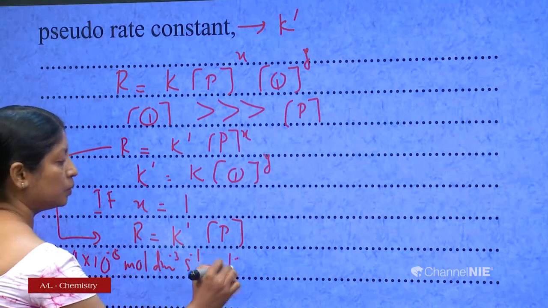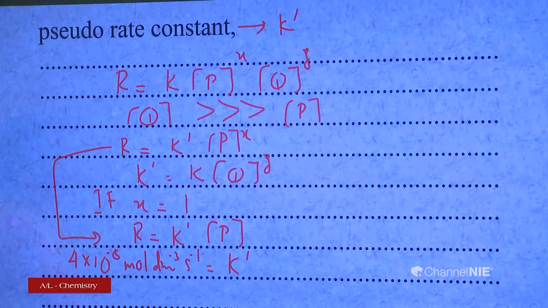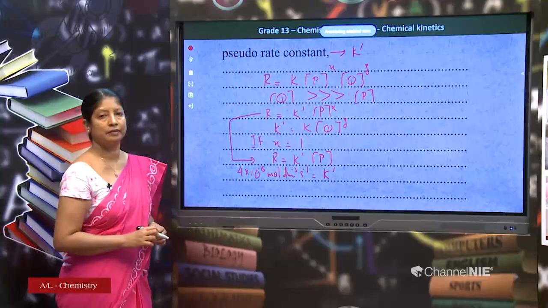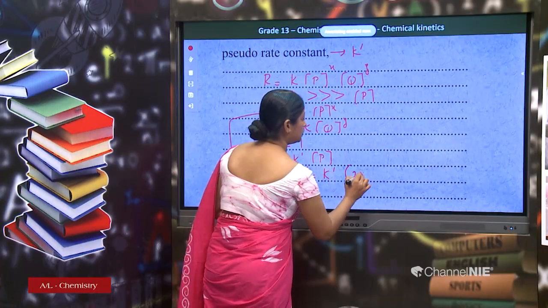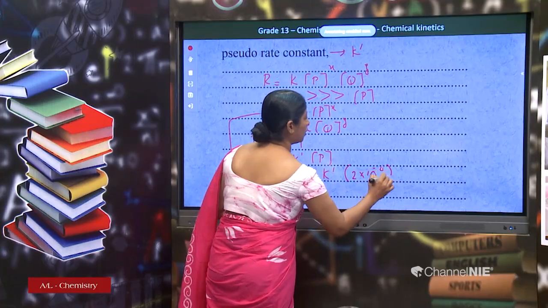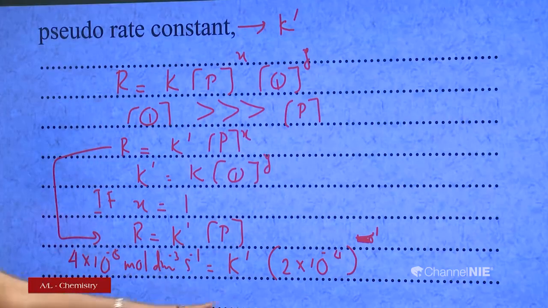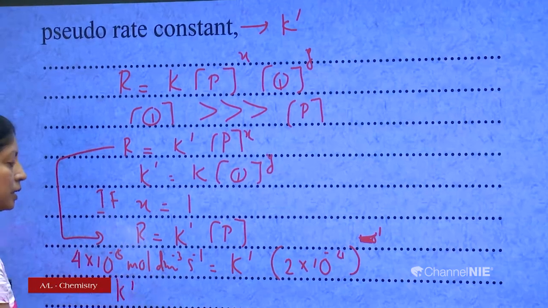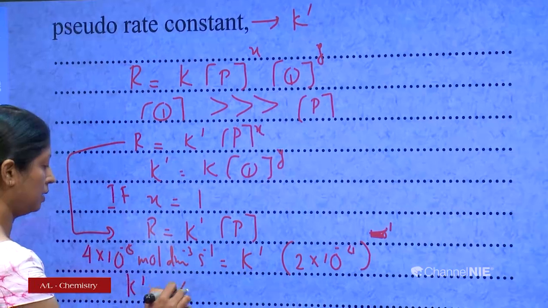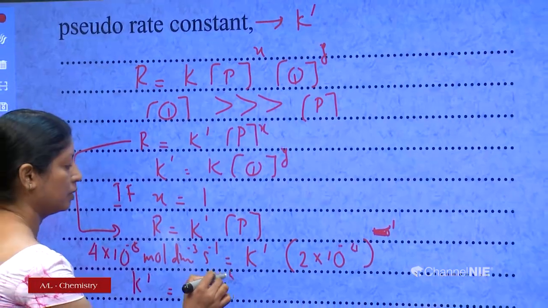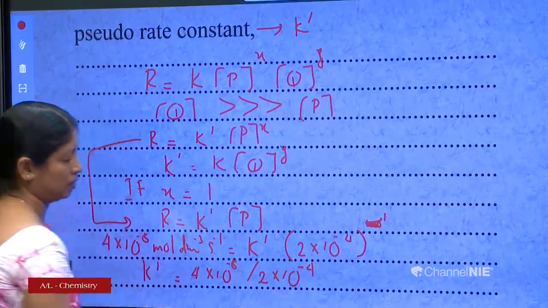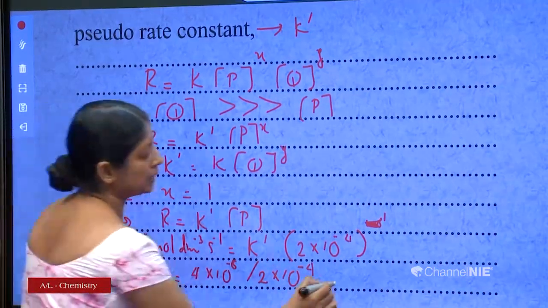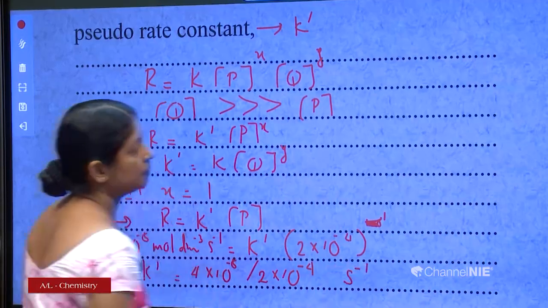That equals the pseudo rate constant K dash times the concentration of P, which is given as 2 into 10 to the power minus 4. Actually, you have to write the unit in that as well. So, then K dash can be calculated. And what will be the unit? Per second. The unit is per second.